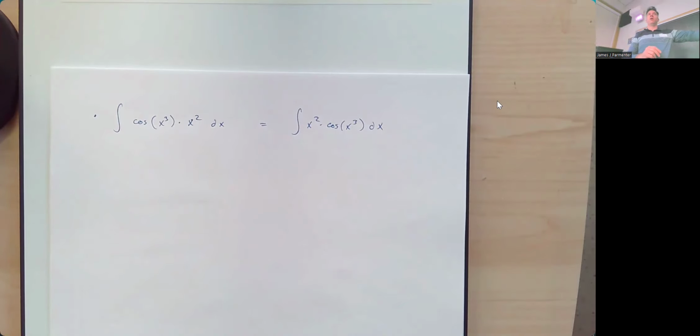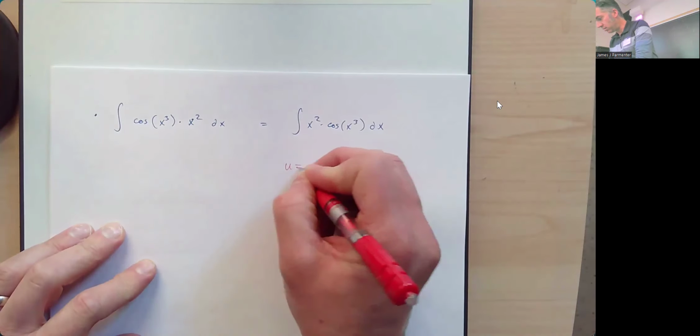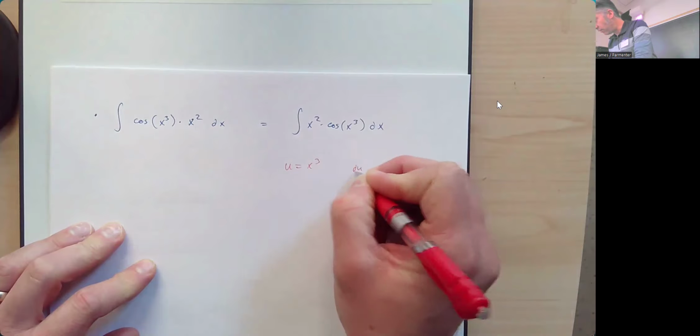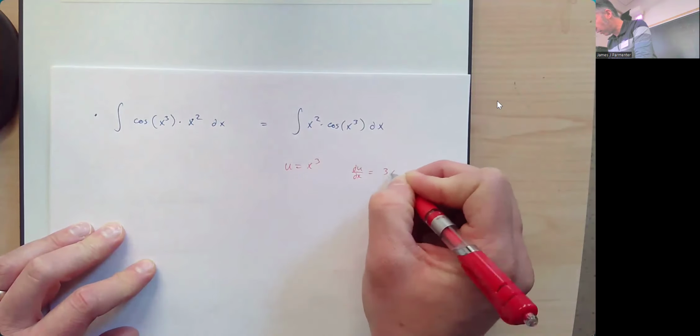Now let me ask you all, is the derivative of x cubed also in our integral? Whatever answer you say is going to be right. You can say no, you can say yes, and you're both right. No, it's not exactly there, because the derivative of x cubed is 3x squared.